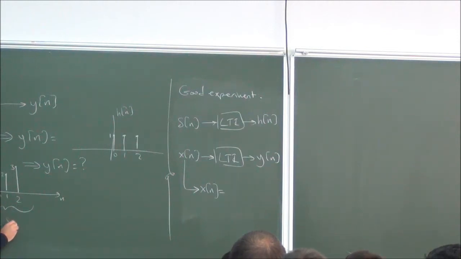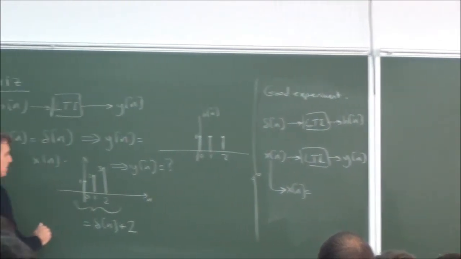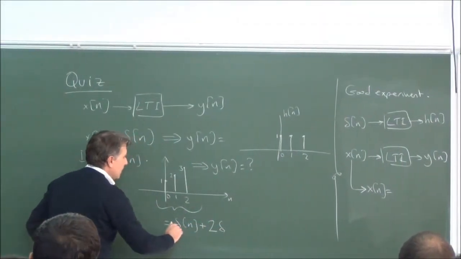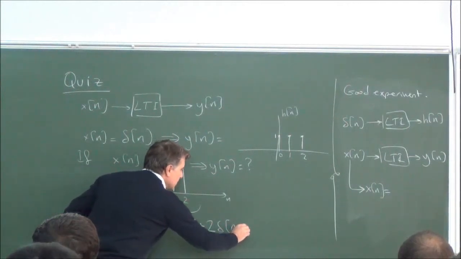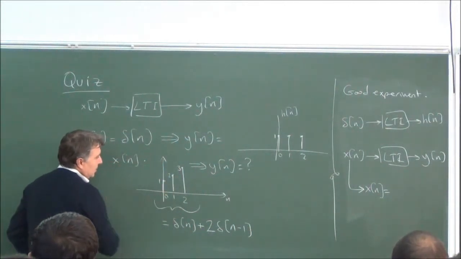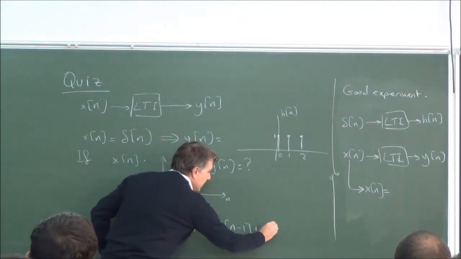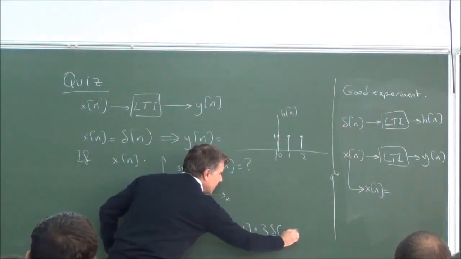That's one impulse I can see here. This is unit sample. Plus 2 times, that's a delta, by the way, the name. N minus 1. Because it's shifted once to the right. And then we have 3 times delta n minus 2.